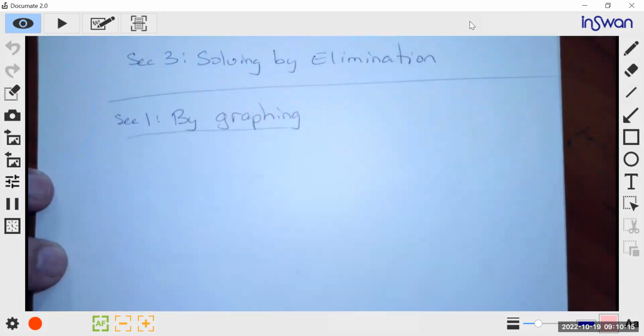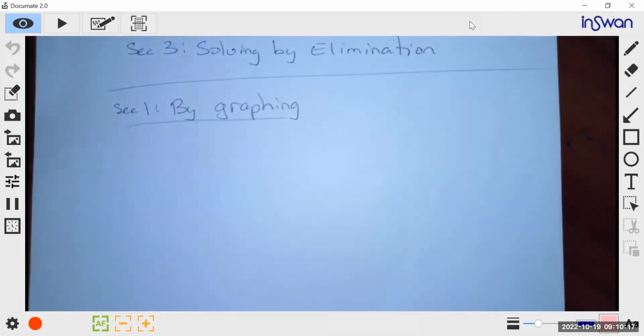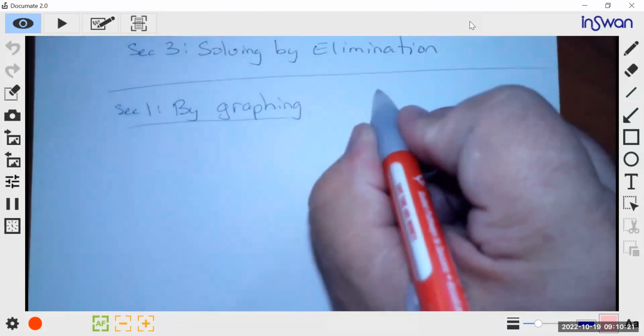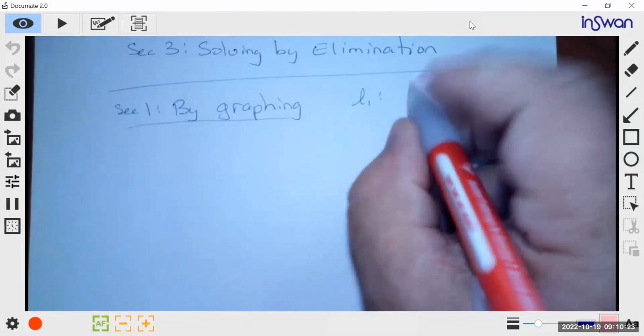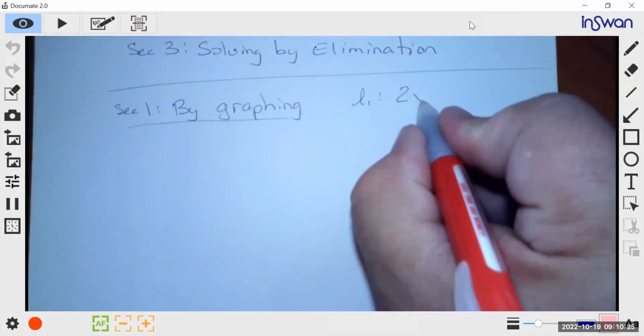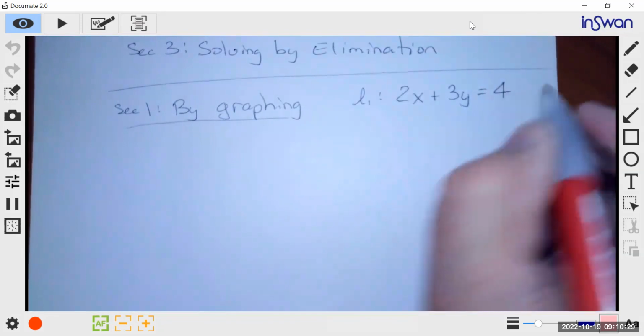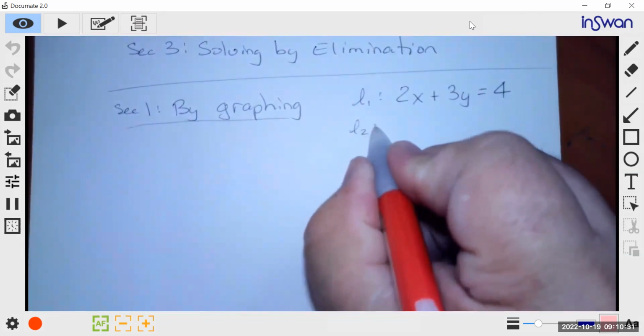By graphing. Here is a system. I have two equations. Line 1 is that one.